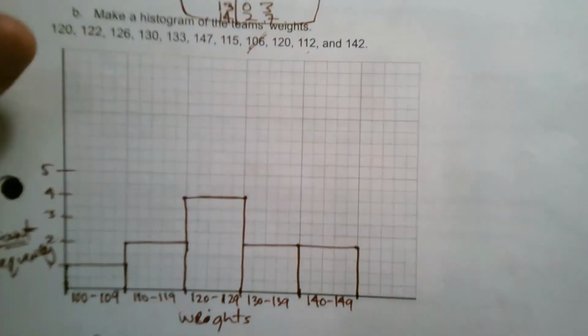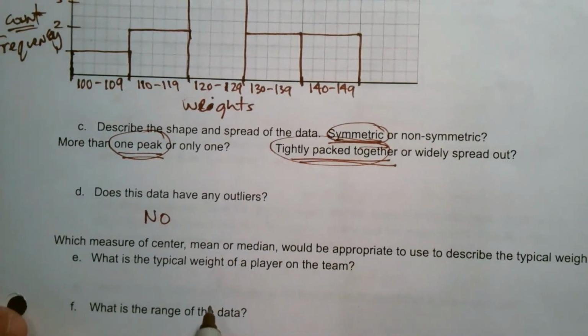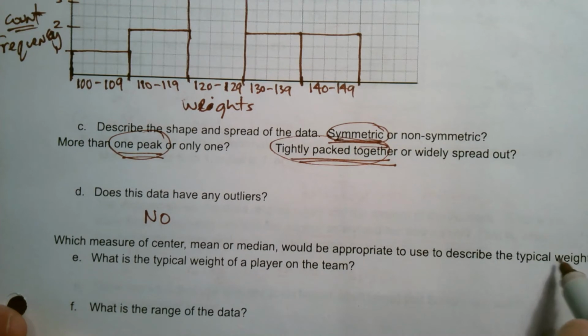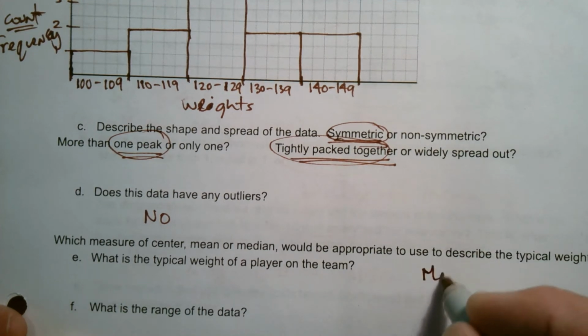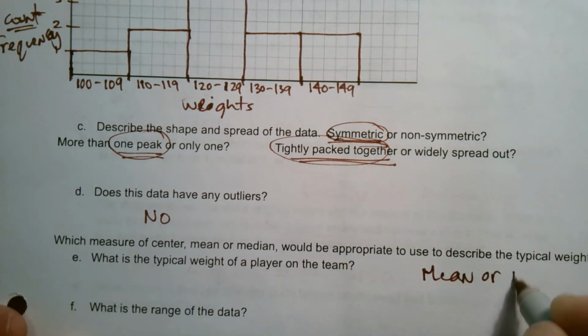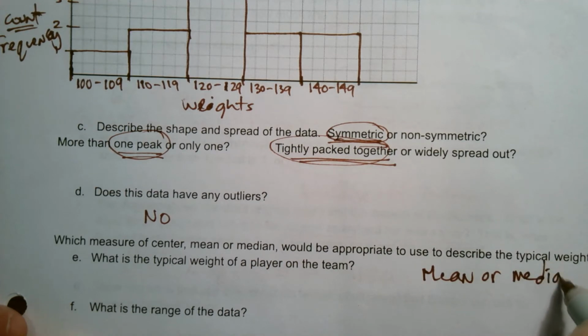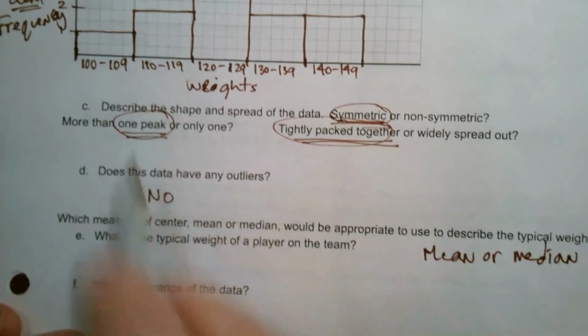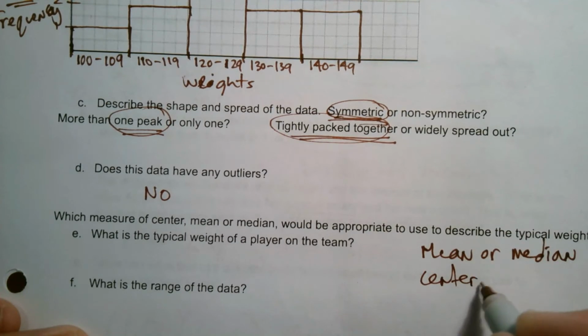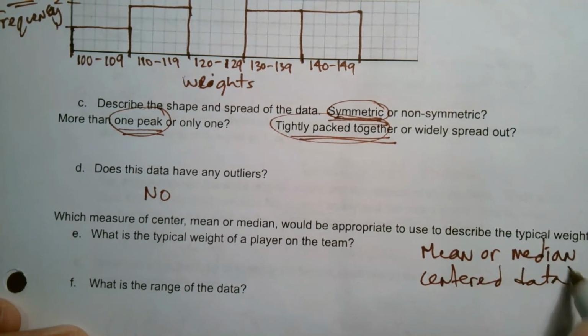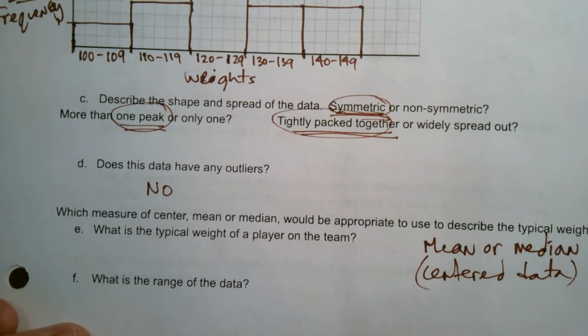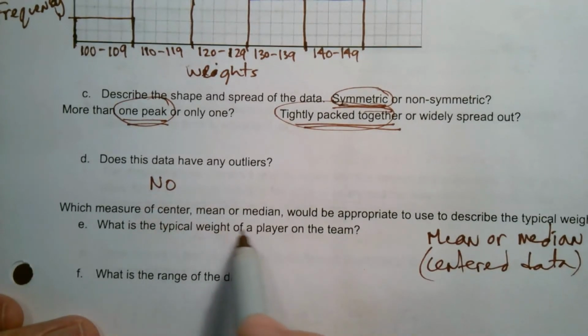So we could use mean. I would say mean or median because all the data is really in the middle. It's all centered data, and that's the reason why. So mean or median.